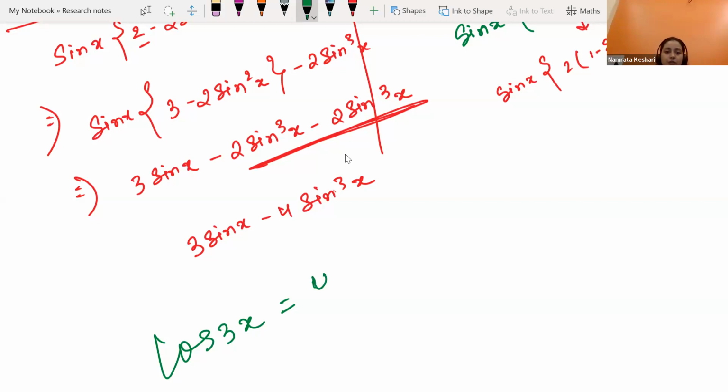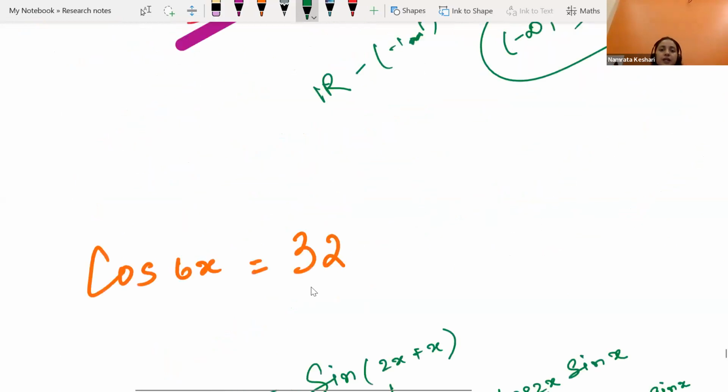That is 4 cos cube x minus 3 cos x. When you learn the sine one, you will be able to write the cos one. Yes, ma'am. Okay, so these are the formulas.